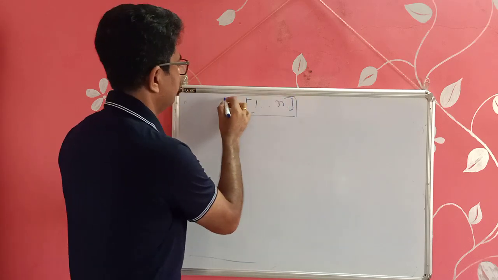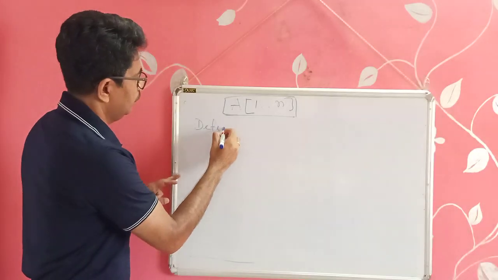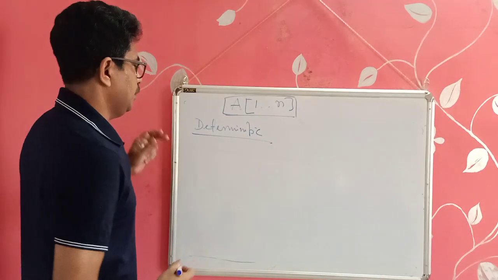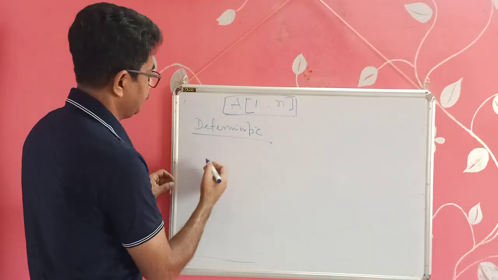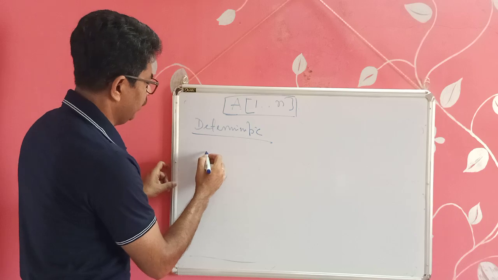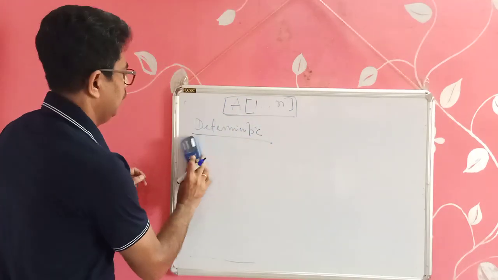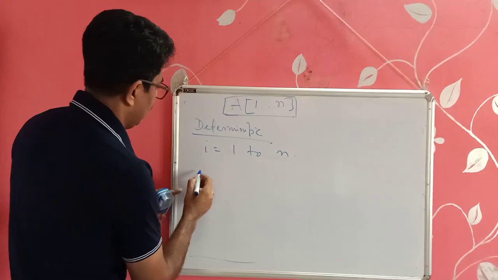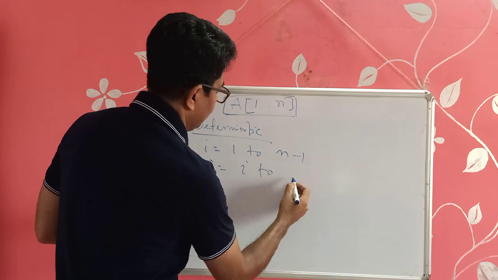In short, let us say we have to sort an array of elements 1 to n. So what is the deterministic approach? We check for i equals 1 to n and for j equals i to n minus 1.